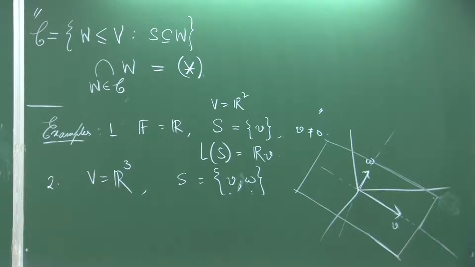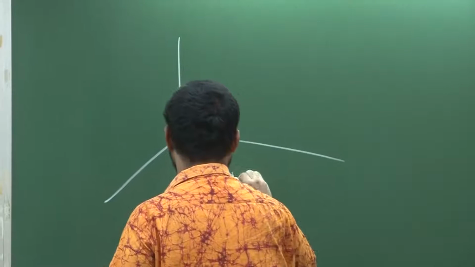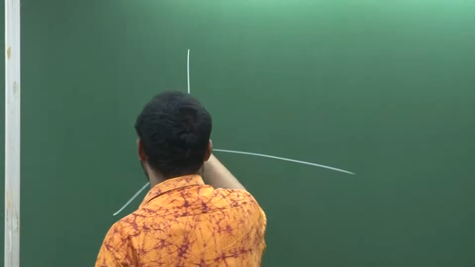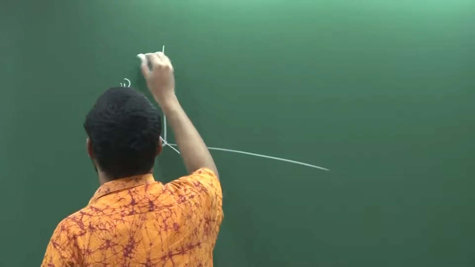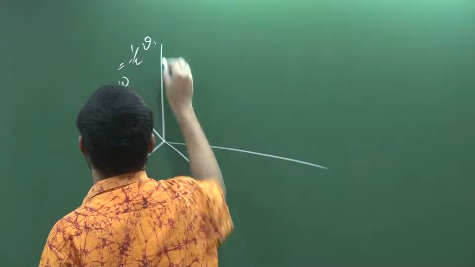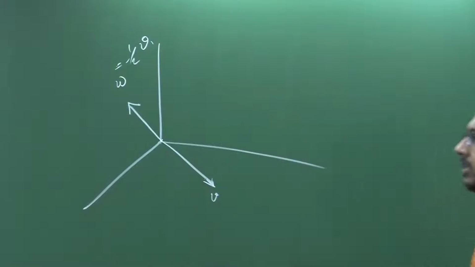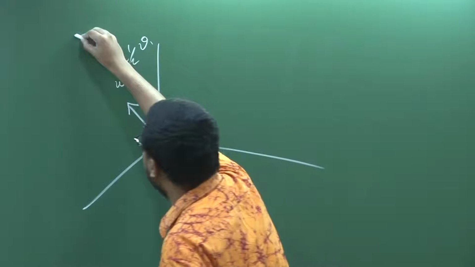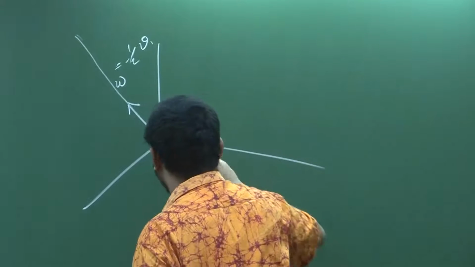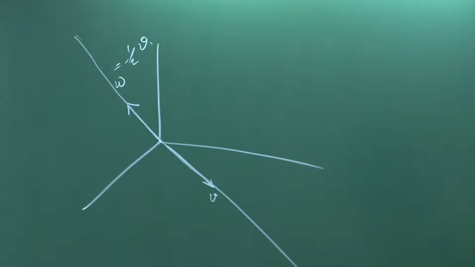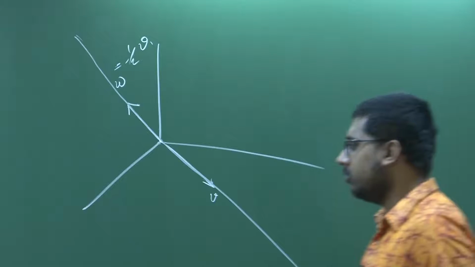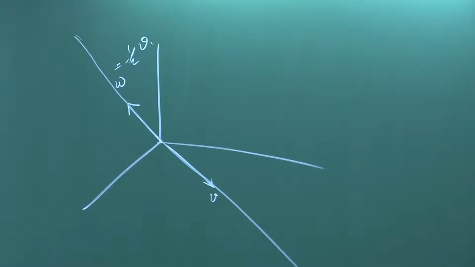Suppose this is my V and W is minus half of V, then whatever combination we take, we will always get the line joining V, W and U. Geometrically it will be a line. So we will not always get planes, fine.